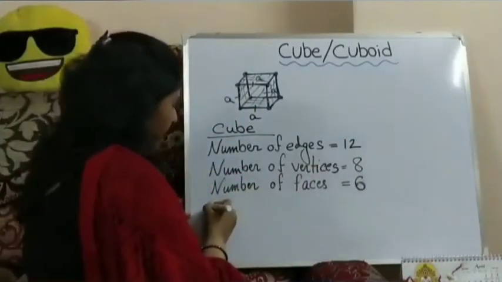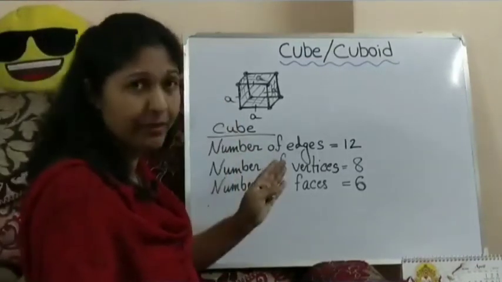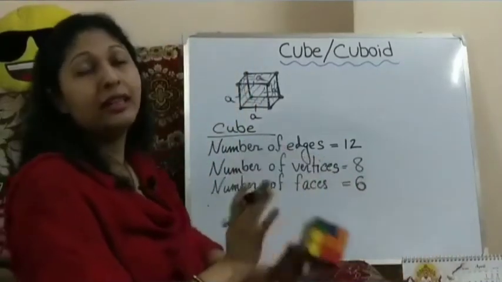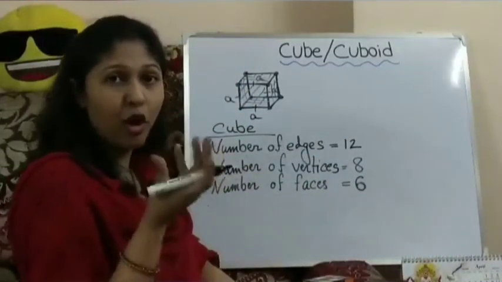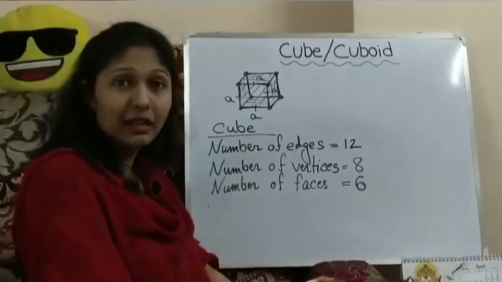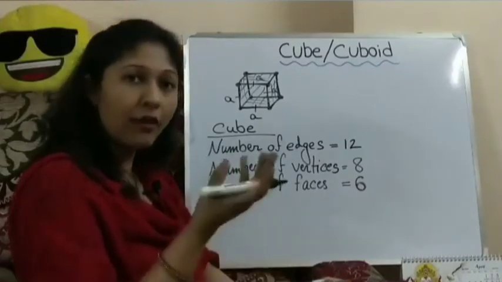So I will give you one example, that is like this is cube, then ice block is also an example of cube, then dice. So all those things are our real life examples of cube.